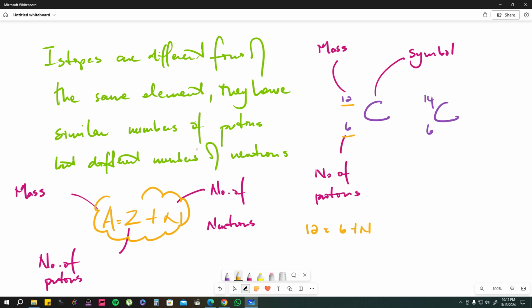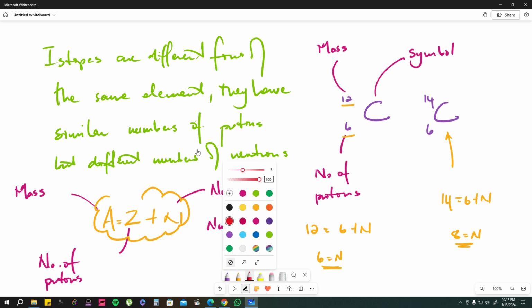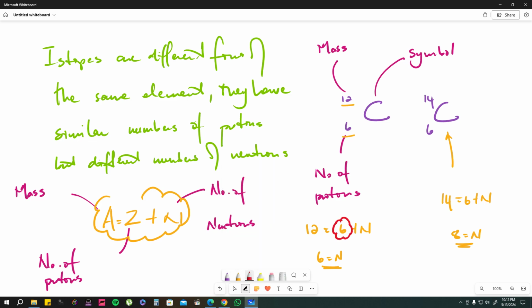Our little maths tells us that 6 is the value of n. If we apply the same formula over here, 14 is equal to 6 plus n. Maths should tell us that 8 is equal to n. The number of neutrons is different, in spite of the fact that the number of protons for each is still 6. These two are isotopes.